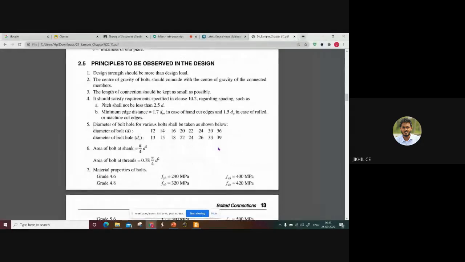So we already saw one design of a bolted connection for the lap joint, and we designed it in the last class.